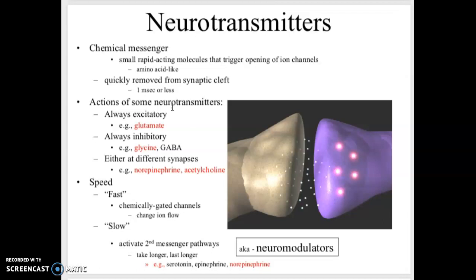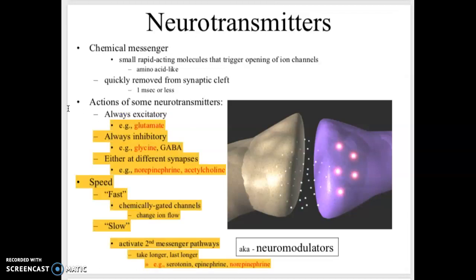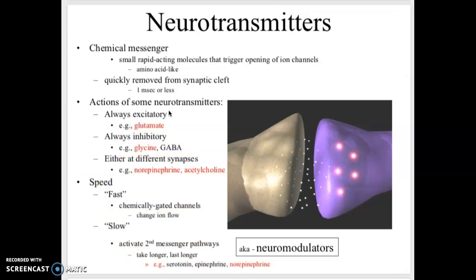Neurotransmitters can be always excitatory, always inhibitory, or they can be either, depending on the situation. If they're excitatory, they are causing depolarization. If they are inhibitory, they are causing hyperpolarization.